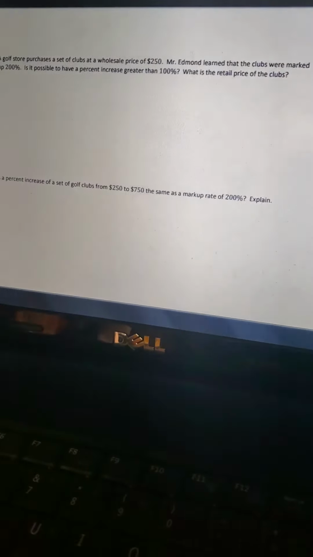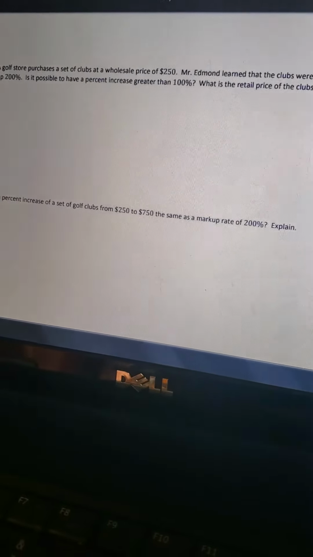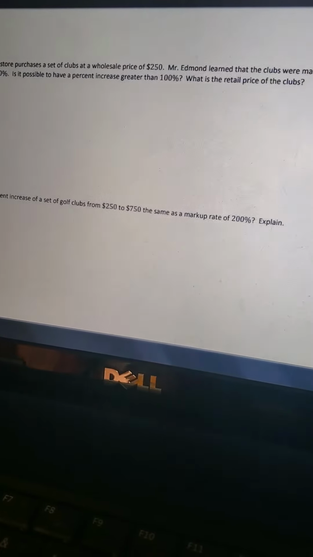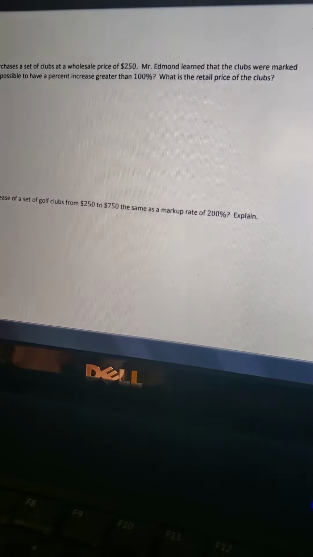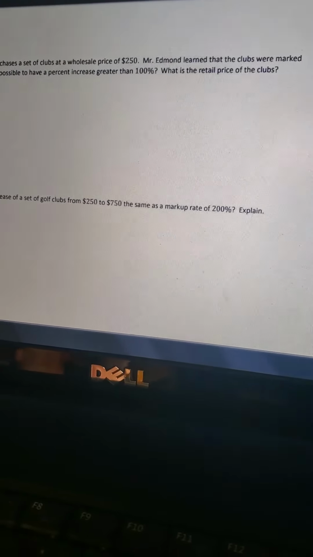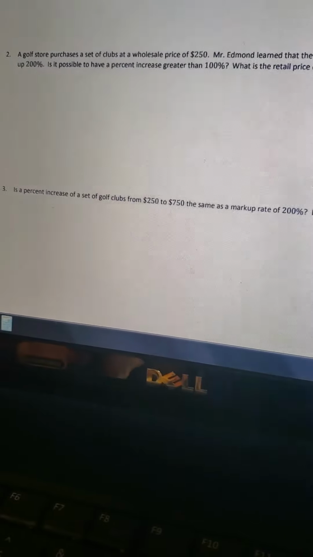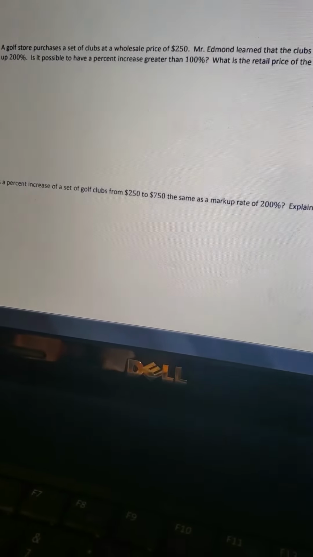Okay, so once again, we have a markup. And remember that the markup, we want it to cost $250. If it costs exactly what it would cost, it would be 100%. That's not a markup. That would be 0% markup if we paid $250. We want to increase it by 200%. And again, we keep going over these types of problems.